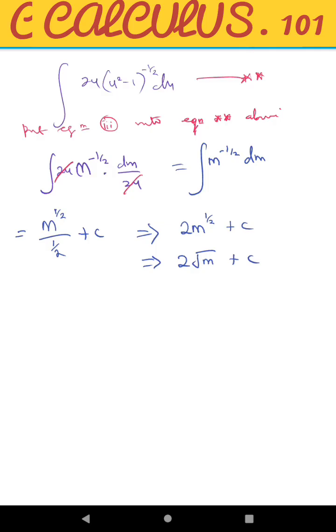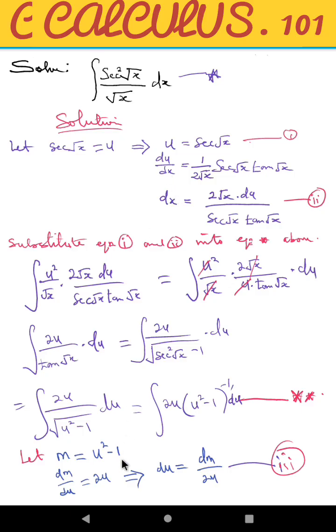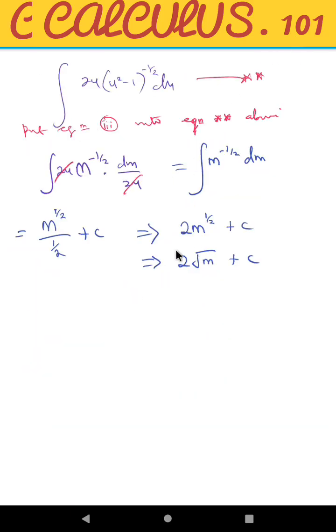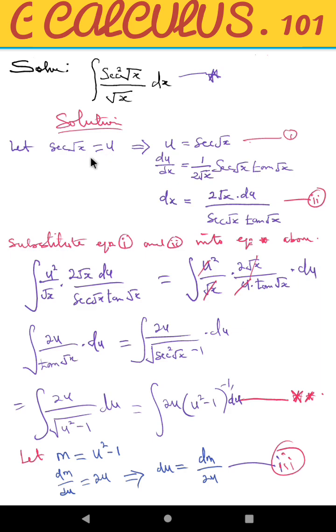Now, remember the original question does not have m, so I'm going to replace back my value for m, which is u squared minus 1. So I put 2 root of u squared minus 1 plus C. Also our original question does not contain u, so let's go back. Remember our u is sec root x, so replace it by sec root x.